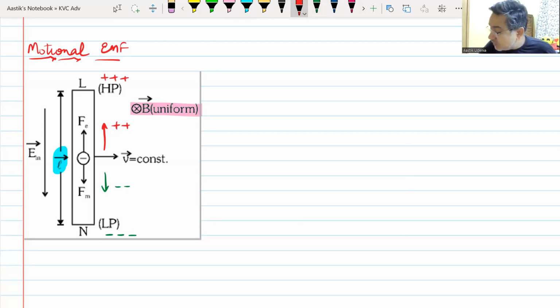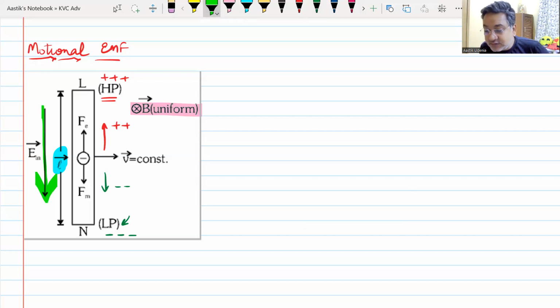Yes. Because of this positive charges going on the upper end, the positive part will be at a higher potential and the lower part will be at a lower potential. Yes or no? Yes, sir. Now, because of this movement of charges, an electric field would be induced in the rod, and this electric field will be moving from the positive charge towards the negative charge. Yes or no? Yes, sir.